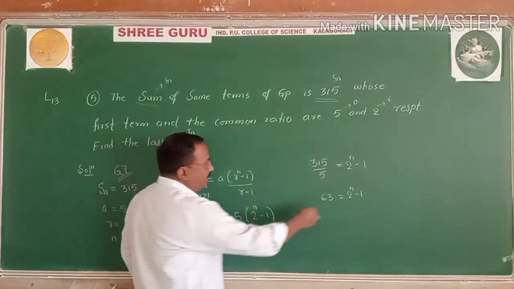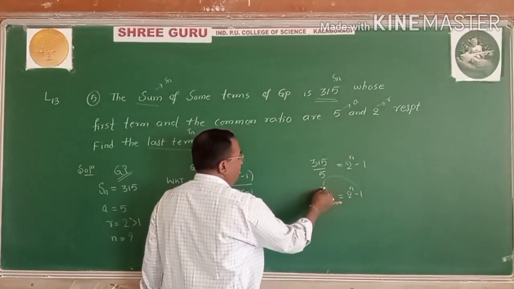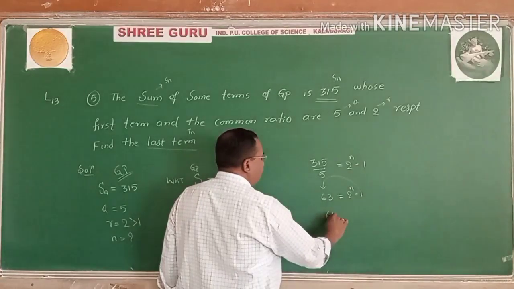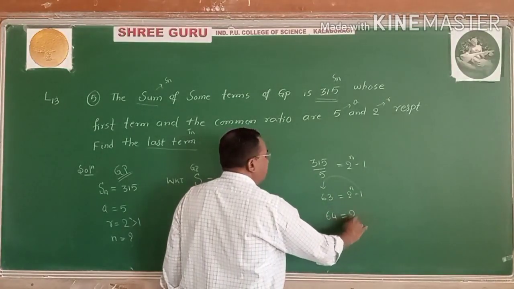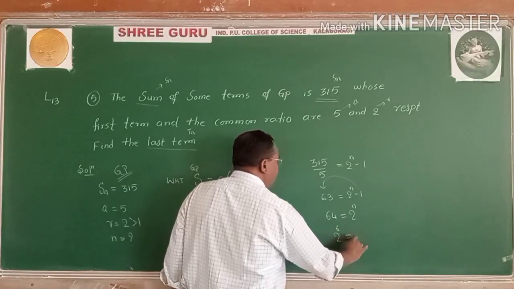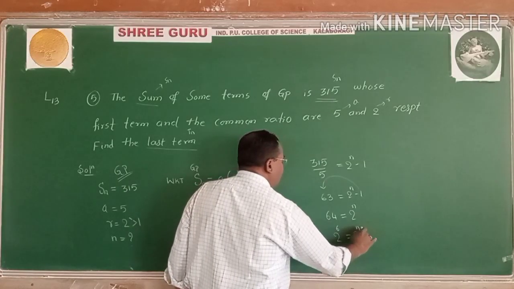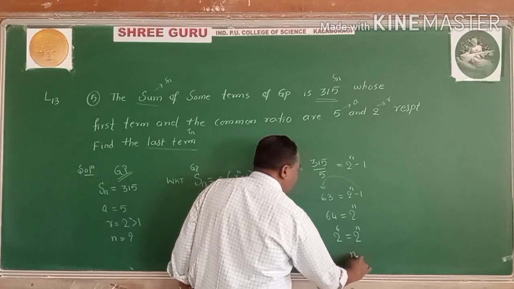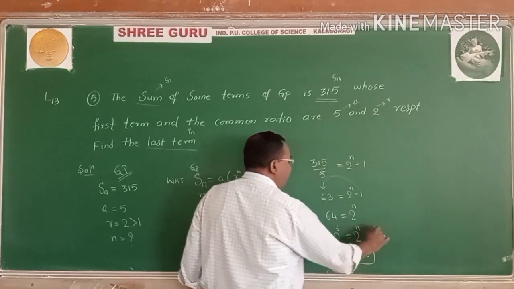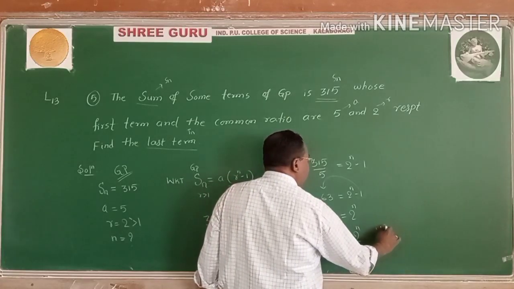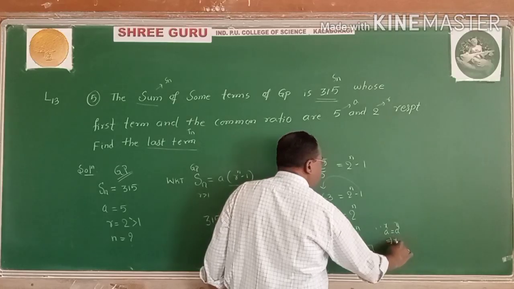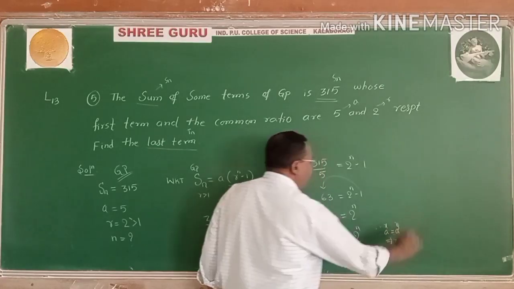Minus 1 take to the left: 63 plus 1 becomes 64, equal to 2 to the power n. Here 2 power 6 is equal to 2 power n. Therefore n is equal to 6, by the law of indices, because a power x is equal to a power y implies x is equal to y.